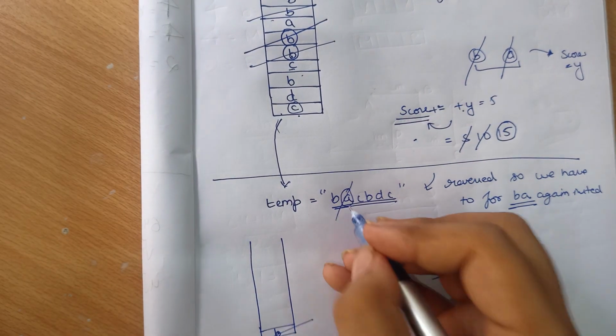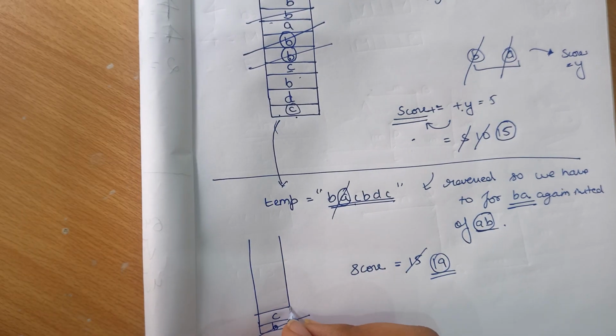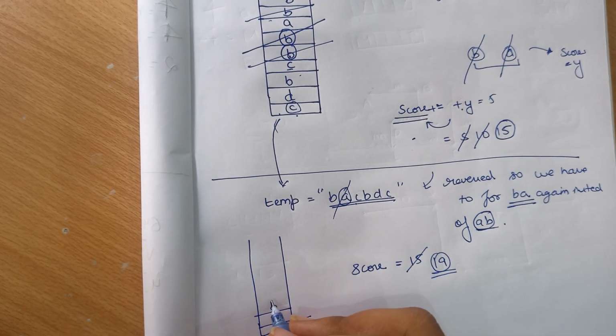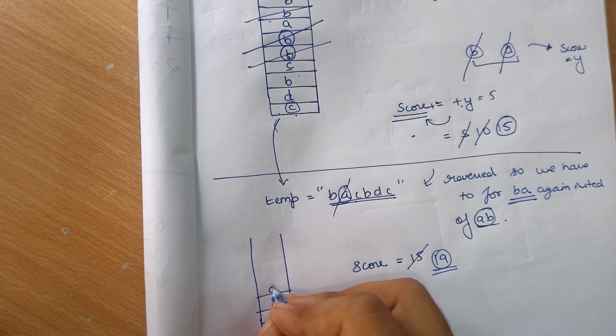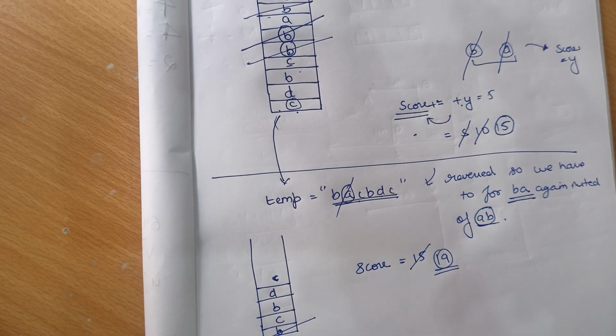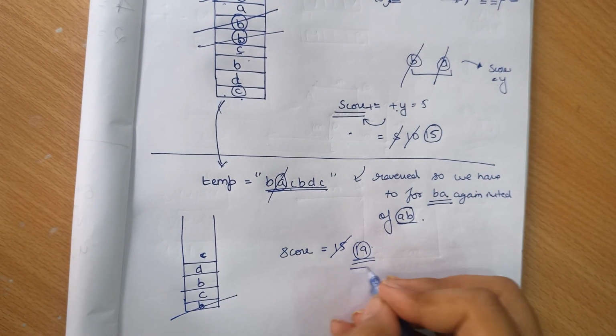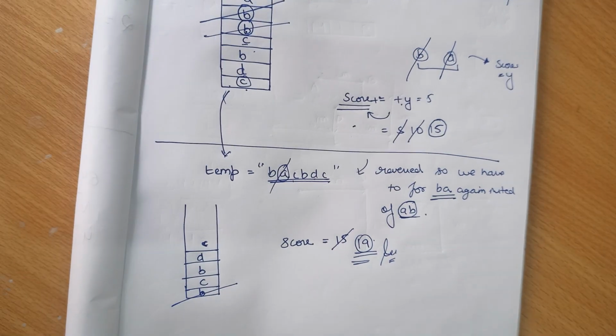Now again processing the stack. So C, then B, there is no A, so D, and then C. So this is also finished. After completing all this, we are getting the score of 19, which is the maximum score we can get.